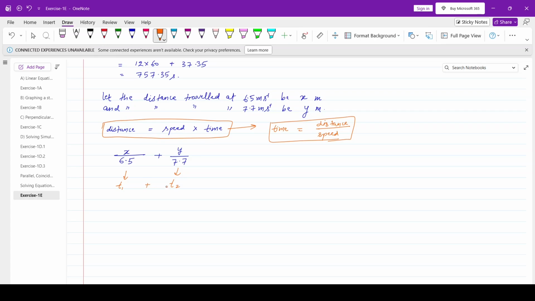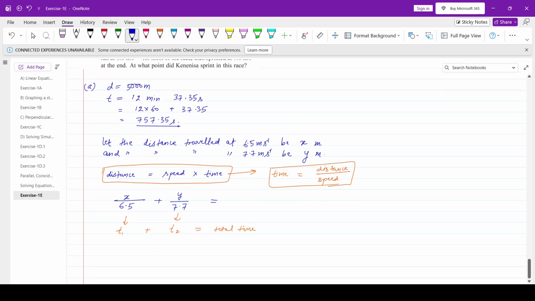If we add these two times, don't we get total time? And what is total time? The total time is 757.35 seconds. So this is our equation 1.